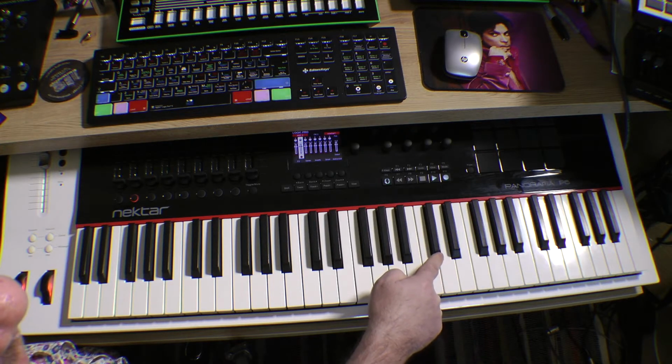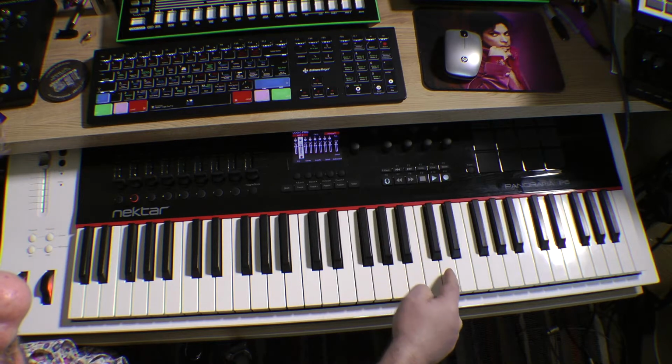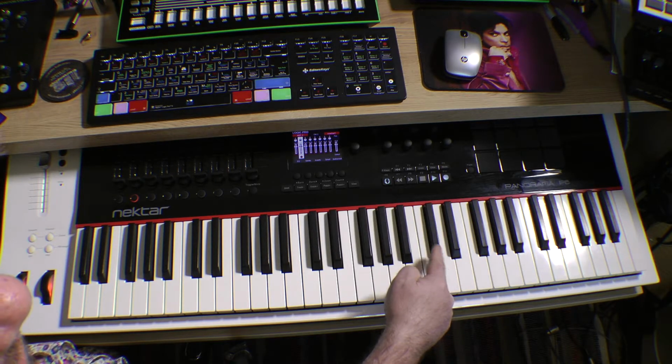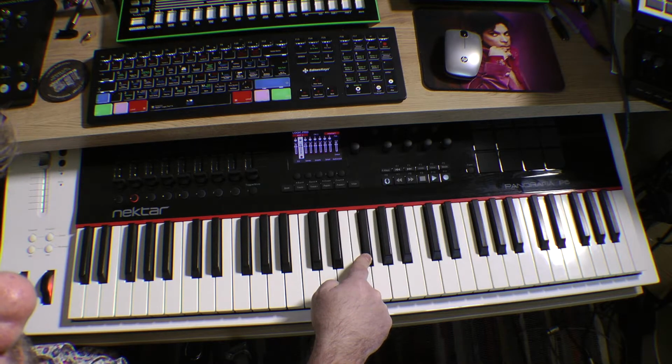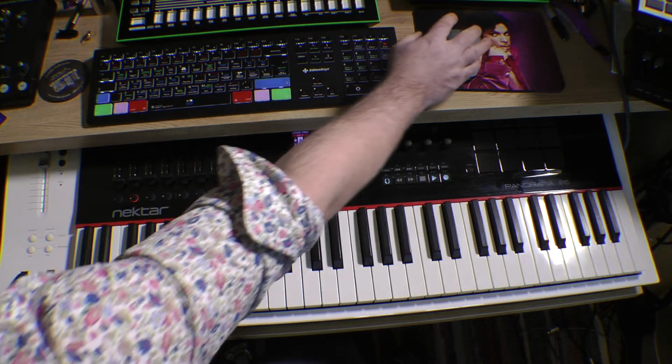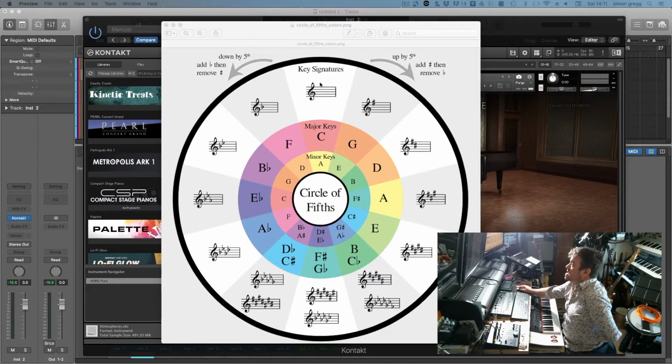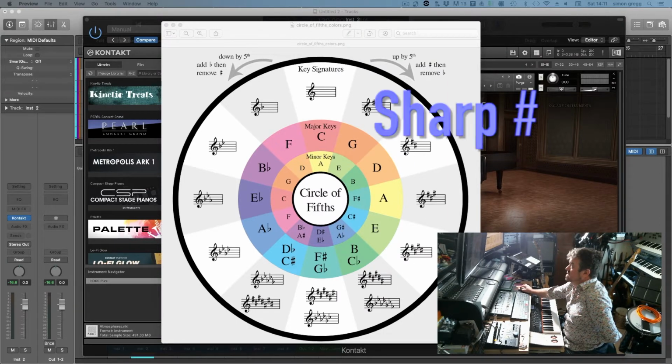Now why don't I call this note a D flat, or this note a G flat? That's because everything on this side of the circle of fifths is known as a sharpened key. We call each one of those black accidentals a sharp.